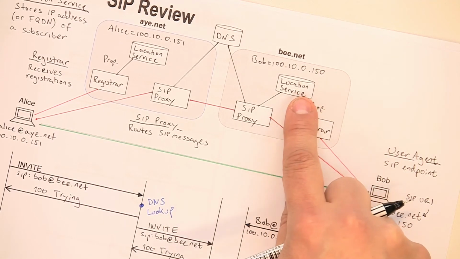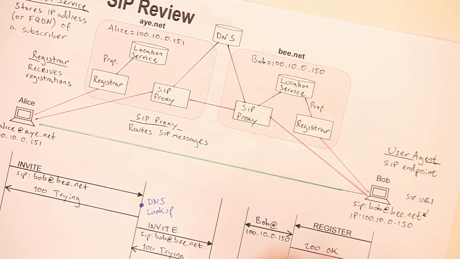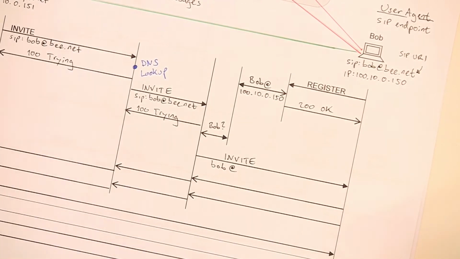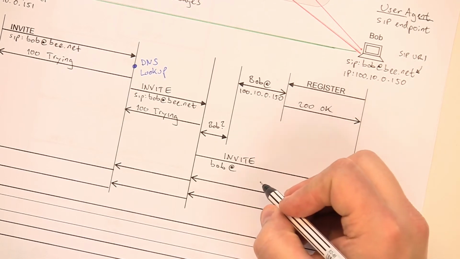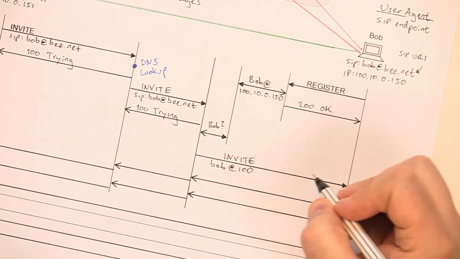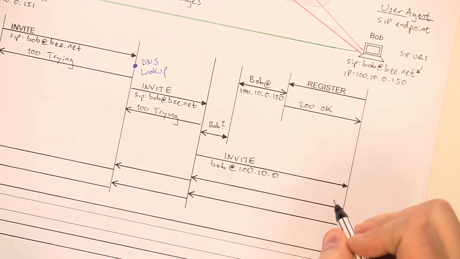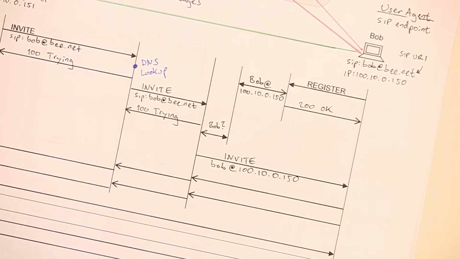Using the location service, it has translated bob@b.net into the actual IP address of Bob. So right now, the top line of the SIP message will say invite bob at 100.10.0.150.